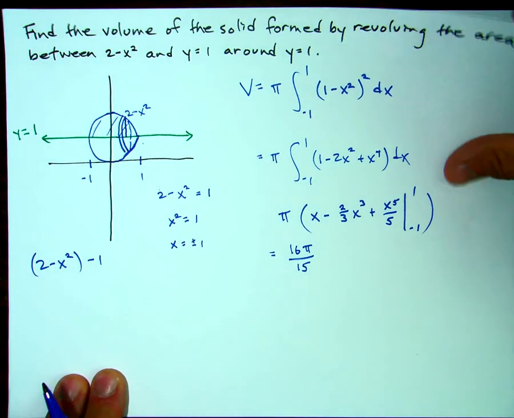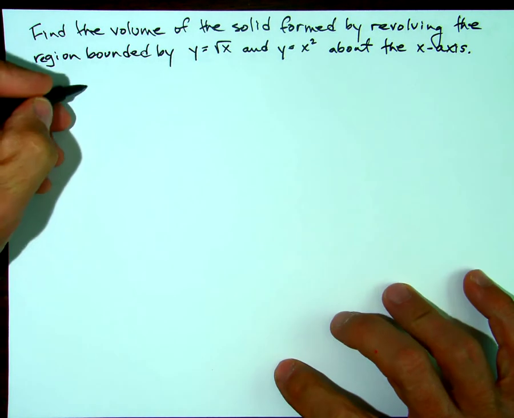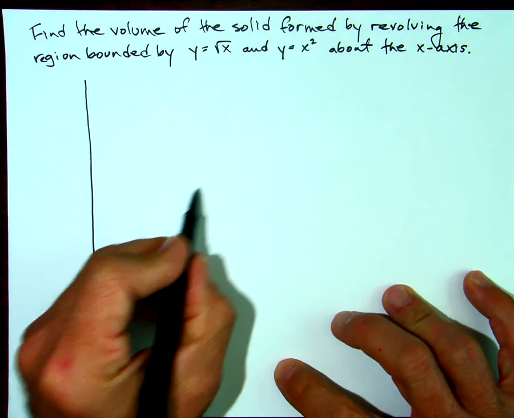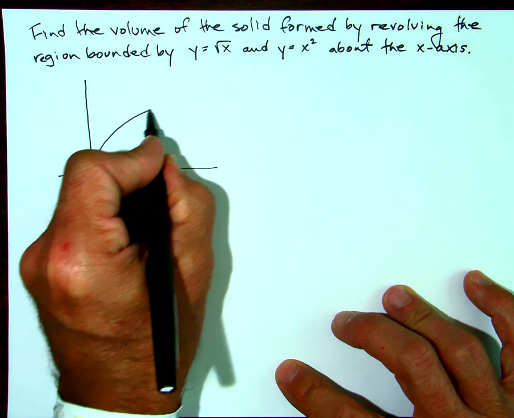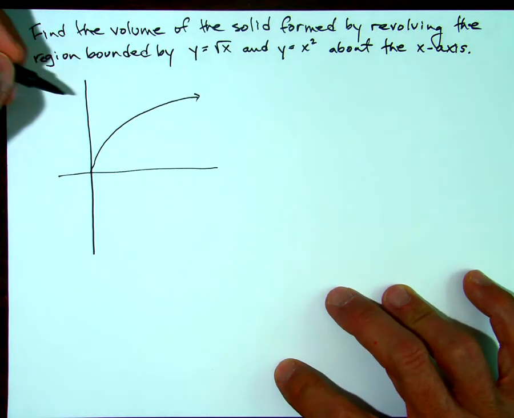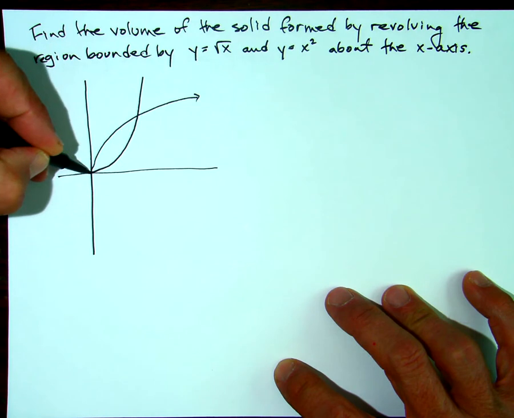Let's look at a different example. Here we're going to find the volume of the solid formed by revolving the region bounded by y equals square root of x, which we've already seen, with y equals x squared. So again, let's draw a picture. Square root of x, we know, looks something like this. And then y equals x squared looks something like this, right?